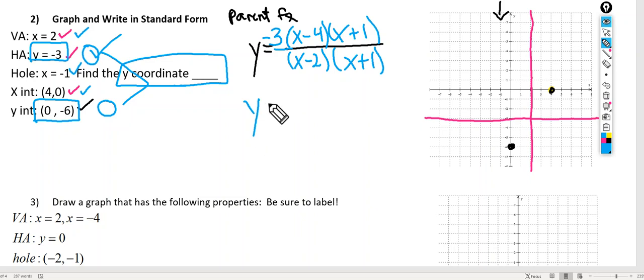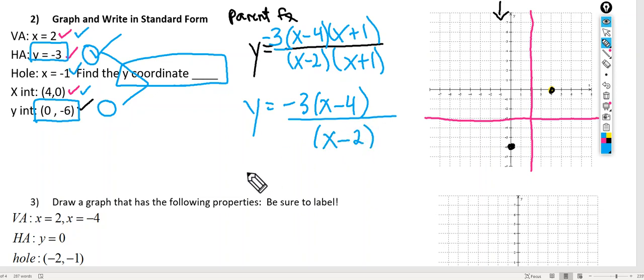So I'm going to go ahead and write the reduced version. Okay, and I'm going to plug in -1. So I get -5. So -1, -5.